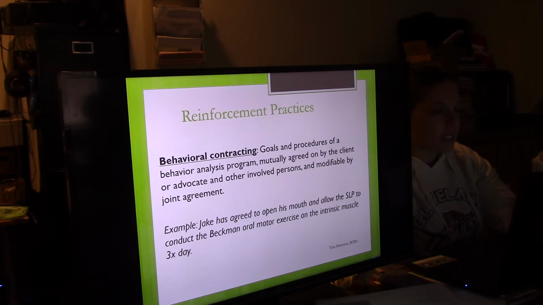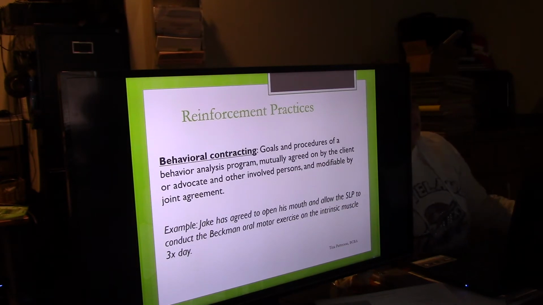A behavioral contract has what's going to happen, the reinforcer, the consequence, and when the contract expires. Like, when can they revisit this? Is it going to be good for a month, and then they revisit and make a new contract? So it has to have a certain day criteria.